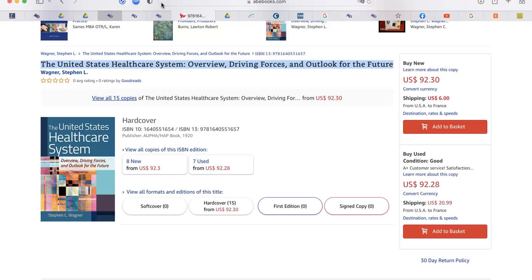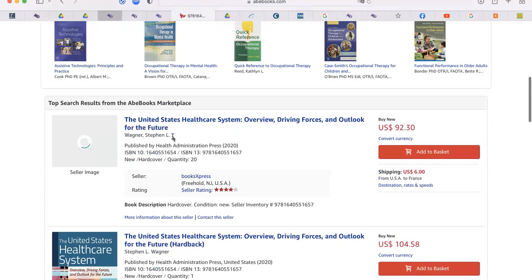So that's the title of the textbook. And it appears to be written just by that one author. We can see from this some information about the publisher, but in this case we can see, okay, Health Administration Press.